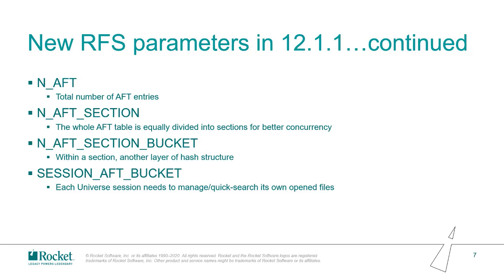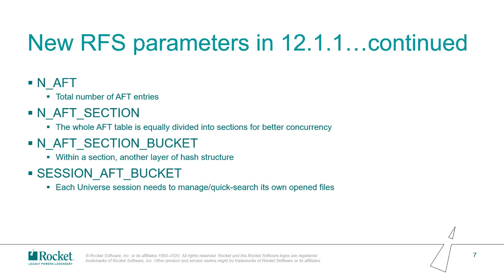The AFT table is further divided into sections, so the second parameter defines how many sections you want to divide the AFT into. The third parameter, NAFT section bucket, defines how many buckets you want within one section. Those two parameters give us two-layer hashing control.